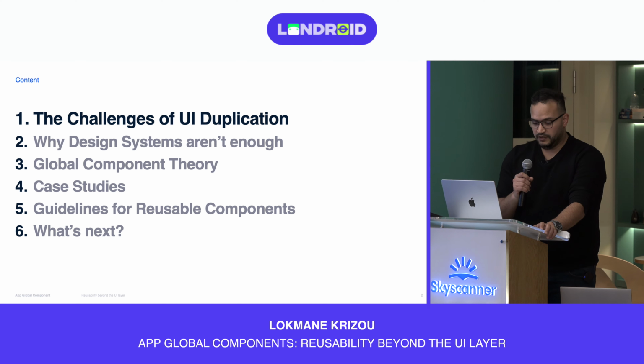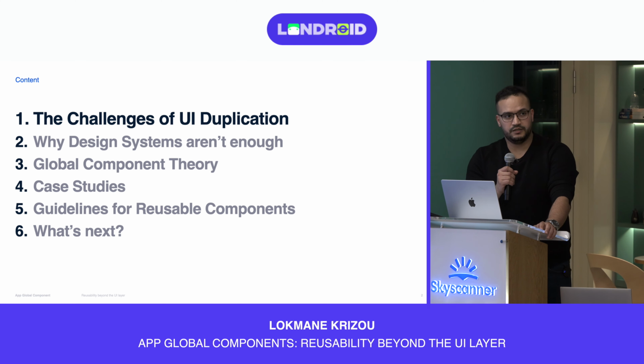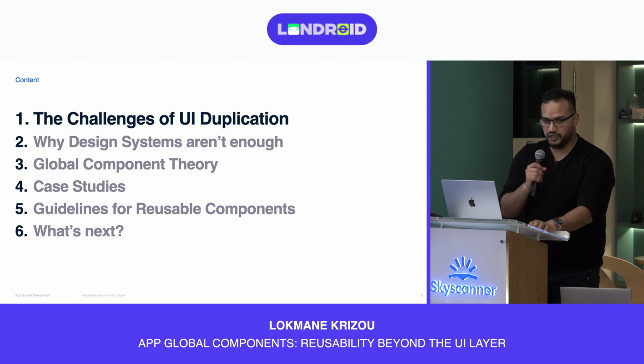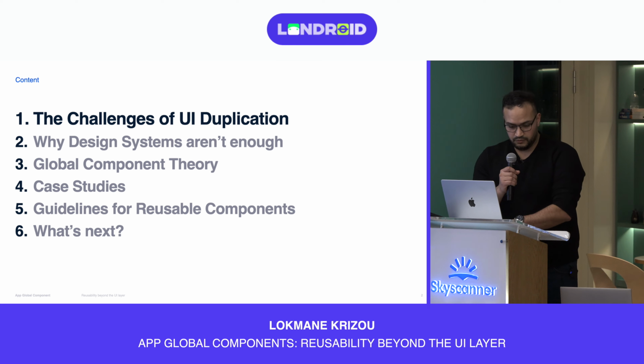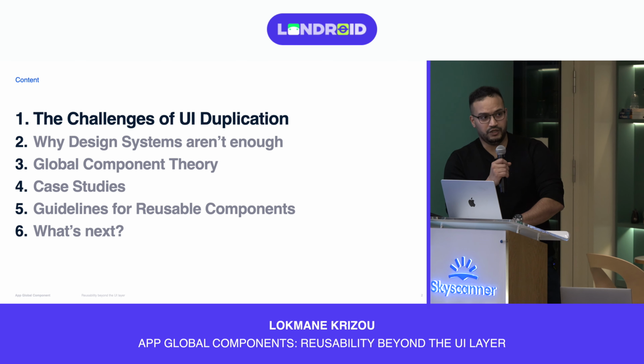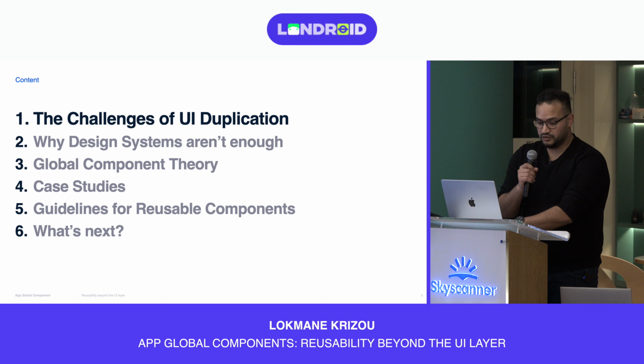Then we will set up some guidelines and rules to make sure that you can use your components across all the screens and across the whole app. And last but not least, we will discuss what can be done next. This section will be open floor for you, if you have any other ideas or suggestions for what we can do in the future.